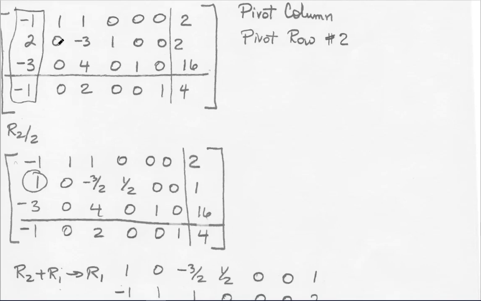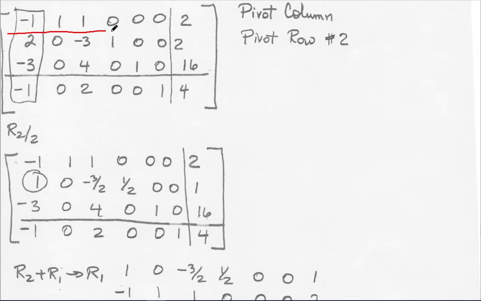All right, so looking at my new matrix, I'm asking, is there still something negative in the bottom row? Yes. So I need to find the pivot row. Looking at the things in this column, 2 things are negative. I only have 1 item that's still positive.